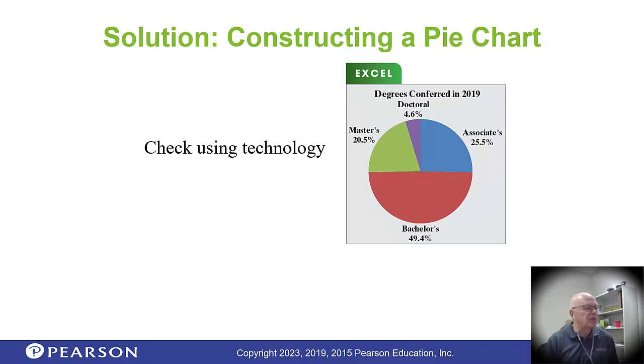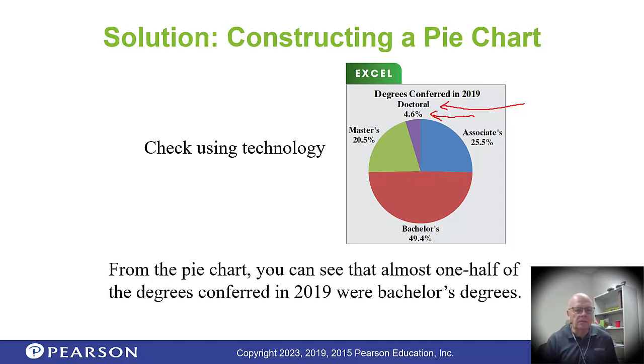Here they use Excel or something else because it's quite easy. And you also have the choice. Not only can you put the name there, but you can also have it put the percentages there too. So you've got a number of other things to look at at one time. And you can draw conclusions from that.